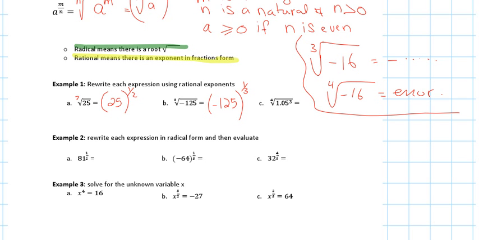How would I write my next one as a rational exponent? 1.5 to the power of 3 over 4. You see that whatever is under the radical, under the root, I'm putting it in bracket. So in the case of the negative 125, I put the negative 125 in bracket. Use that as an example. Always put it in bracket.